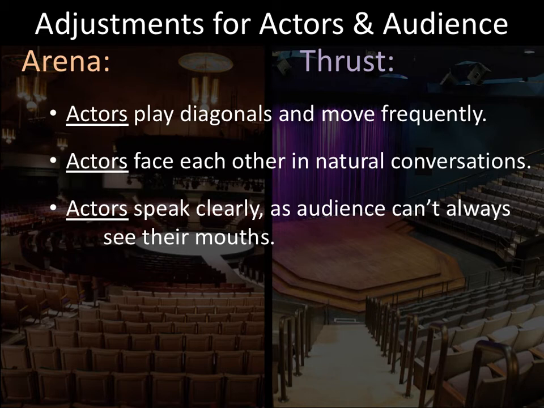We tend to do a tremendous amount of lip reading. So if we are looking at the back of an actor who is having a conversation with someone, we have to read their back and we have to hear them very, very clearly. So actors have to very much focus on their enunciation so that they are heard throughout the theater space.